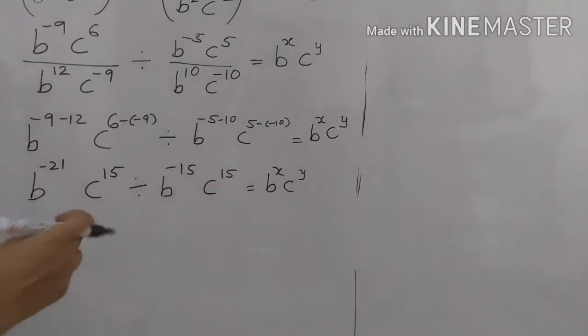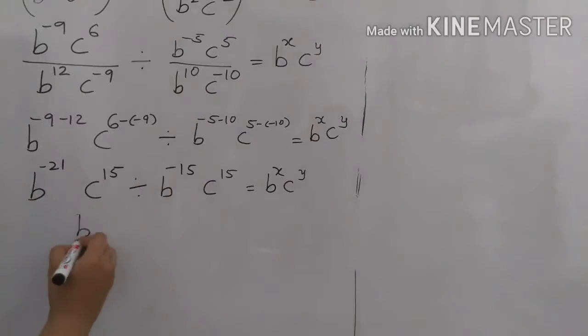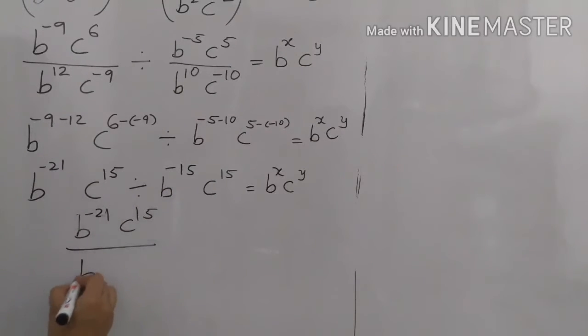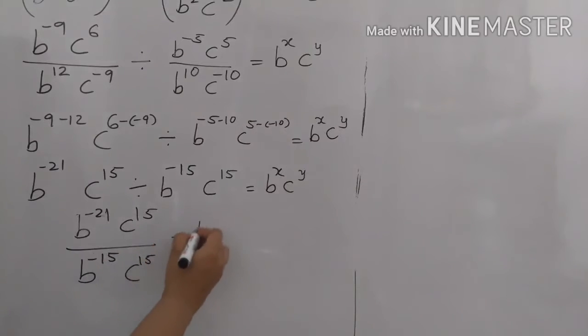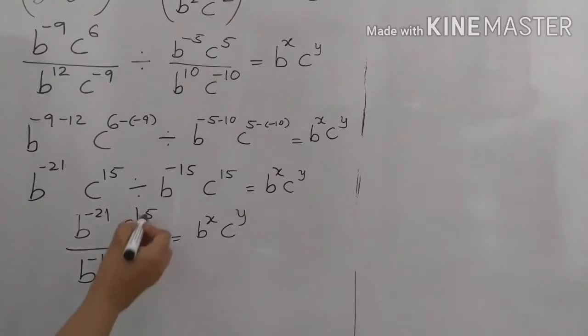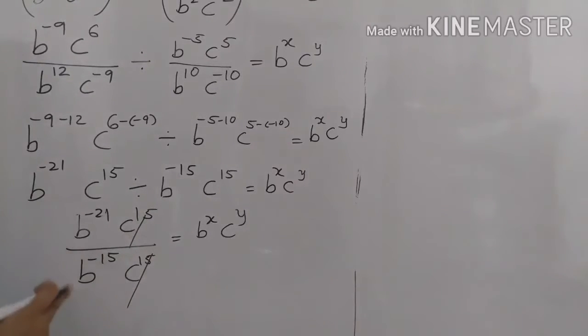Now as you can see, we get this. Now b raised to minus 21, c raised to 15, upon, this whole I am writing in division as b raised to minus 15, c raised to 15, is equal to b raised to x, c raised to y. Now on the left side, this c raised to 15 we can cancel, and here I will use the division law again.